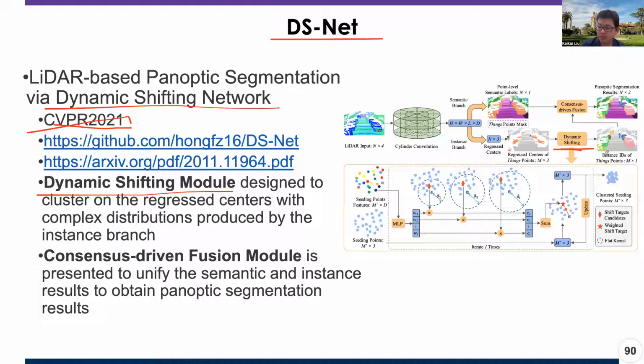After the post-processing, you get the instance ID. Then they combine it with this semantic point mask. This is the object detection part, the pointwise object detection part. Then they get a fusion, and finally get the panoptic segmentation. So this is a panoptic segmentation work. We can talk about this panoptic segmentation work in the next class.